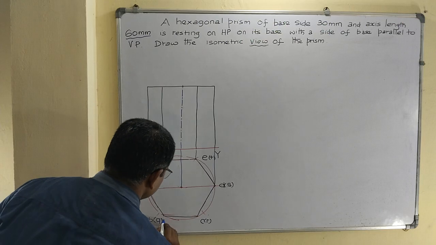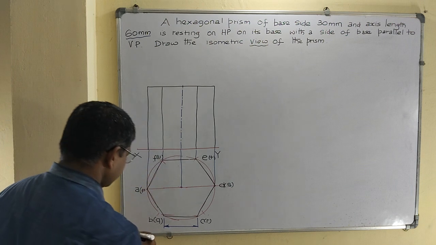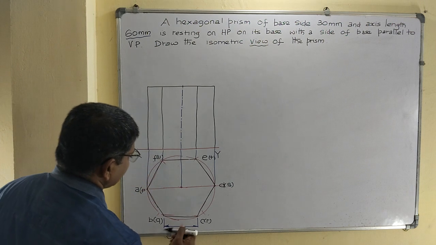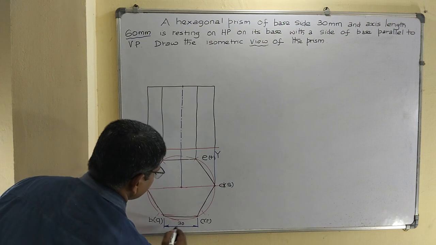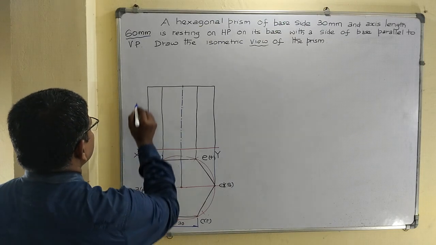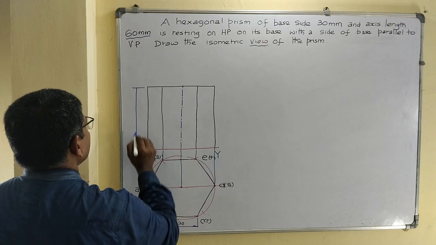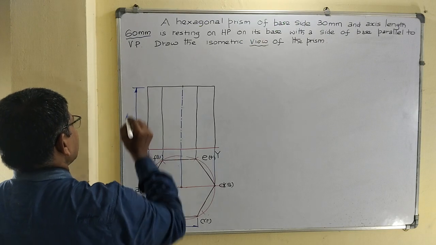Mark the dimensions using a 2H pencil: base side 30 mm and axis 60 mm.